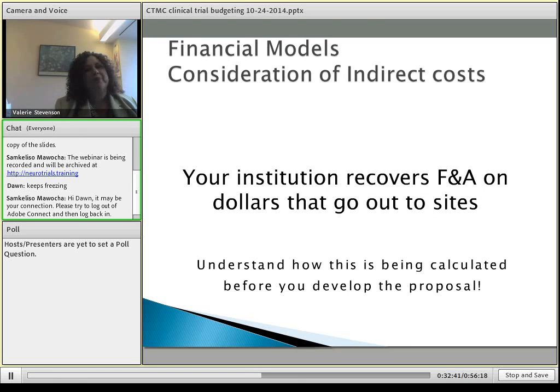So another thing about facilities administrative costs that sometimes may get left out of the equation is that if we're working with another collaborator, we're providing 75 cents on every dollar of their salary that we budget for them. We understand that, but many times, especially when people are new to research, they don't understand that their own institution also assesses F&A on the dollars that are paid.